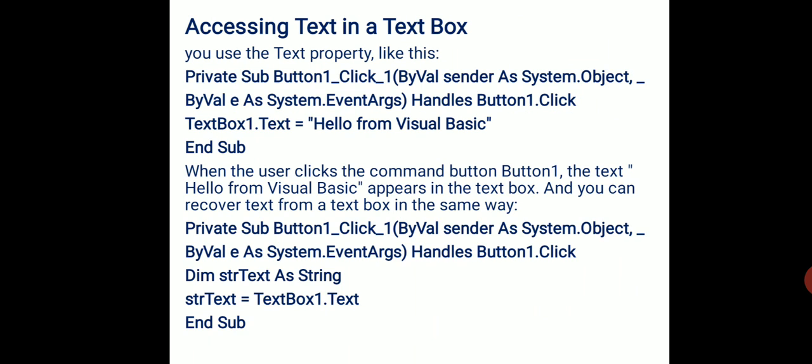In Button1's Click event, Dim strText As String: we have declared a variable strText as a string, and strText equals TextBox1.Text. So here you have declared a text string strText, and you are initializing it with the text of TextBox1.Text. So now your strText contains "Hello from Visual Basic".